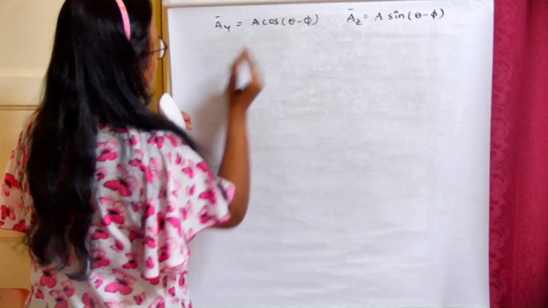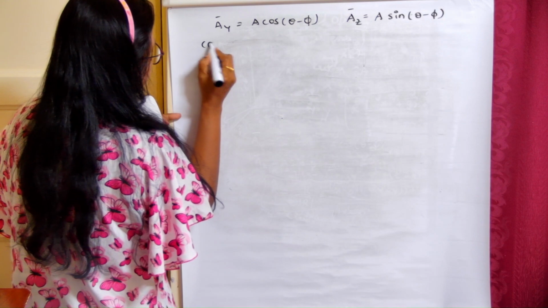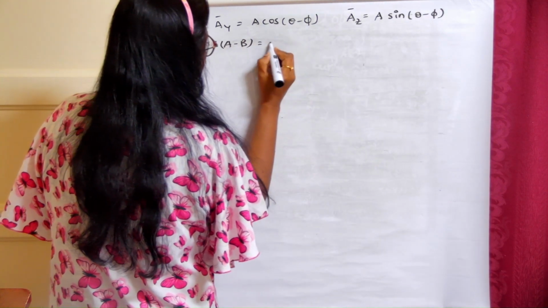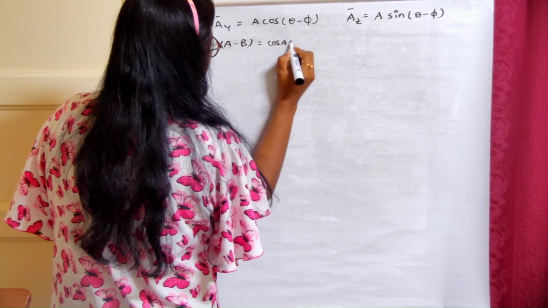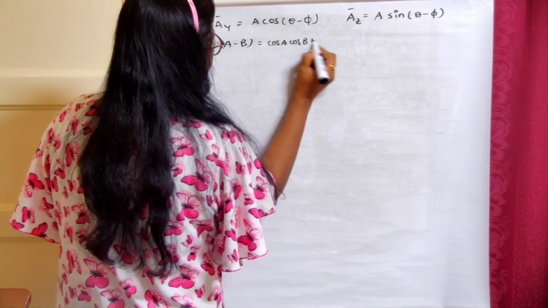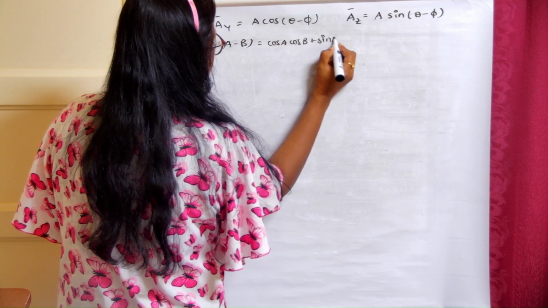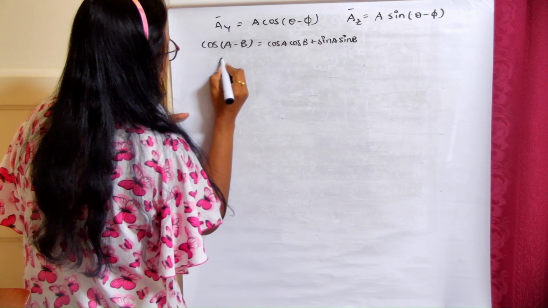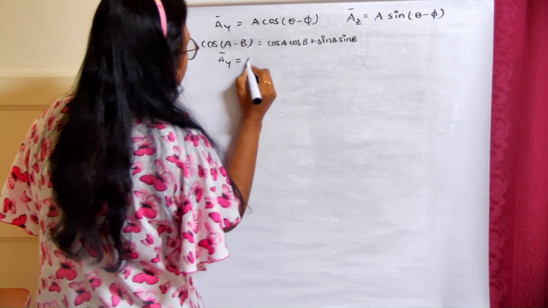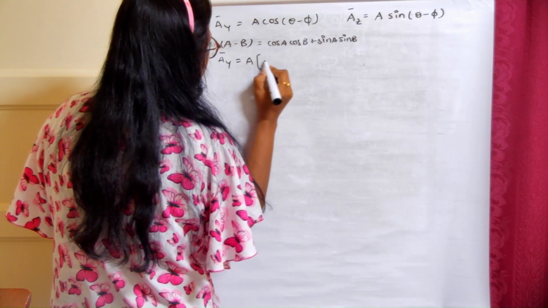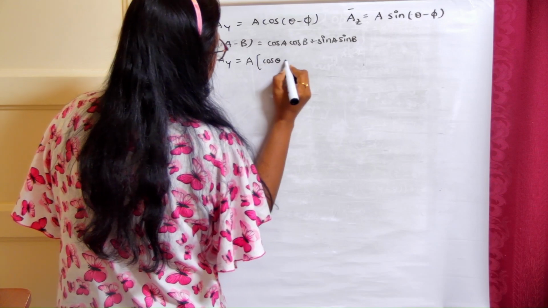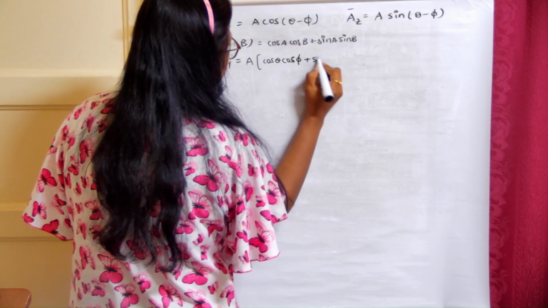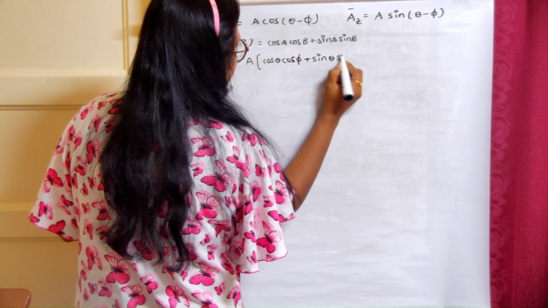Let me quickly elaborate this using cos A cos B plus sin A sin B. In this sense, we can elaborate this term of Ay bar as A of cos theta cos phi plus sin theta sin phi.